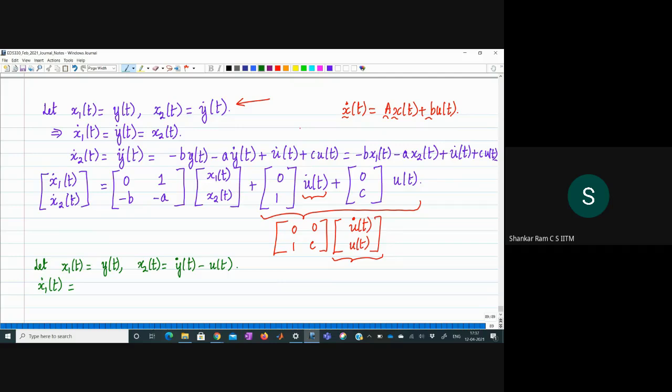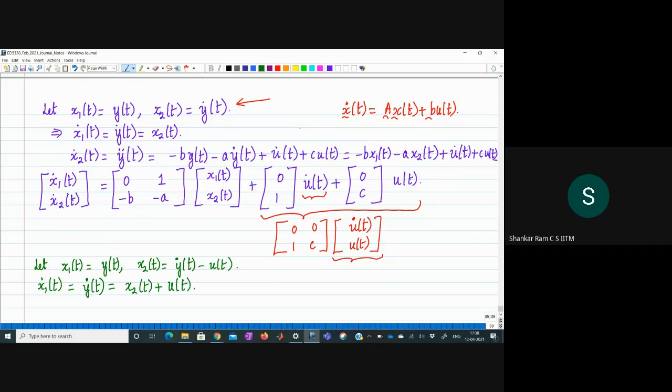Let's just do this exercise, and then in the future classes, we will learn how we write it in these forms. Okay. So let's say we take the first derivative. As always, we need to choose as many state variables as the order of the system. And then we need to take the first derivative of each state variable, right? That's what we are doing. So x1 dot is y dot, but y dot from the second equation is going to be x2 plus u, right?